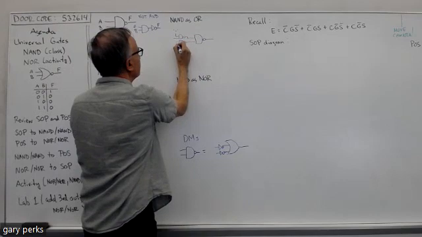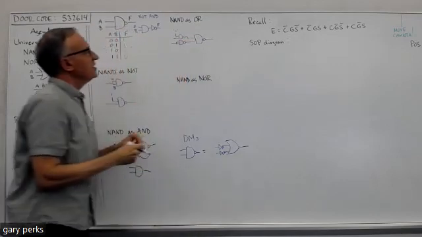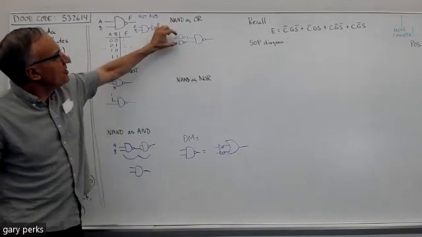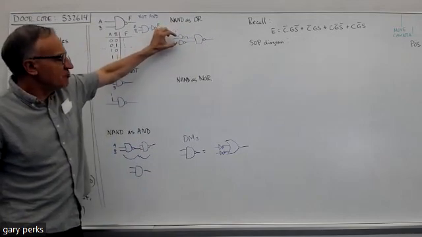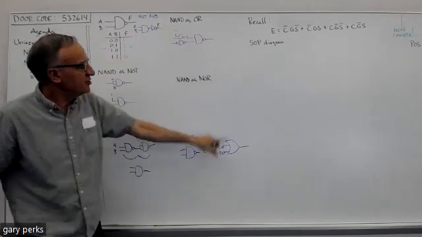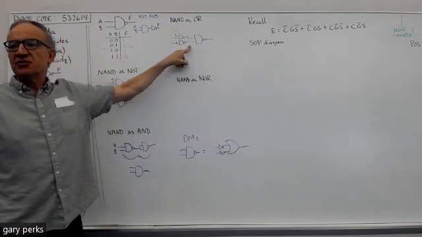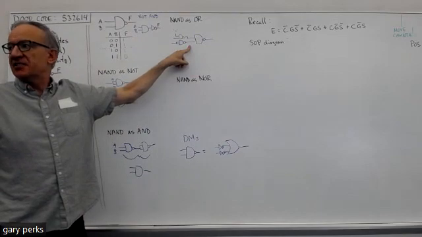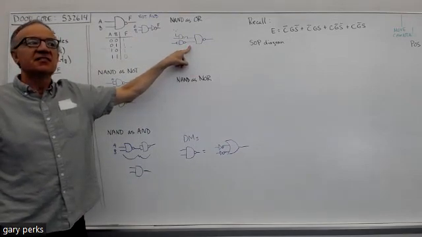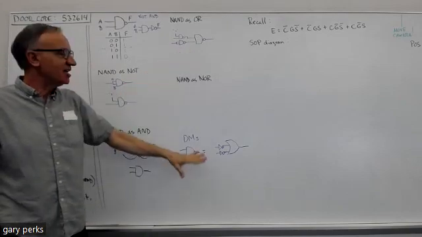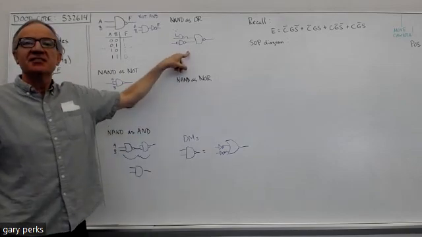Show the equal. Okay, so you see, if I take a NAND and I put inverters on each of the inputs, that makes this into an OR. See, that's the OR function using only NAND gates. Okay, I think that's the trickiest one because you have to understand De Morgan's.